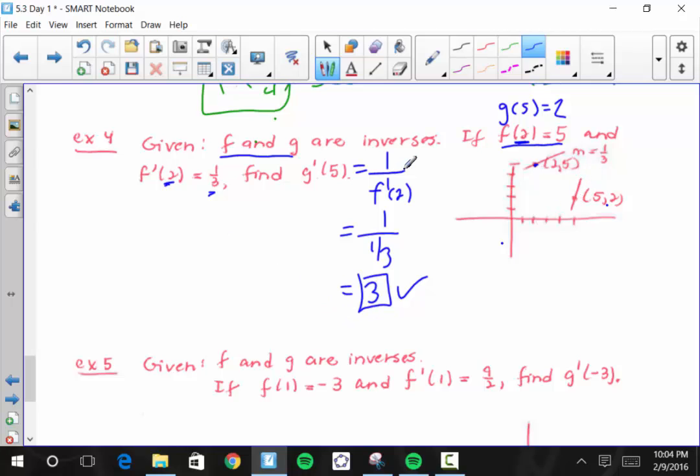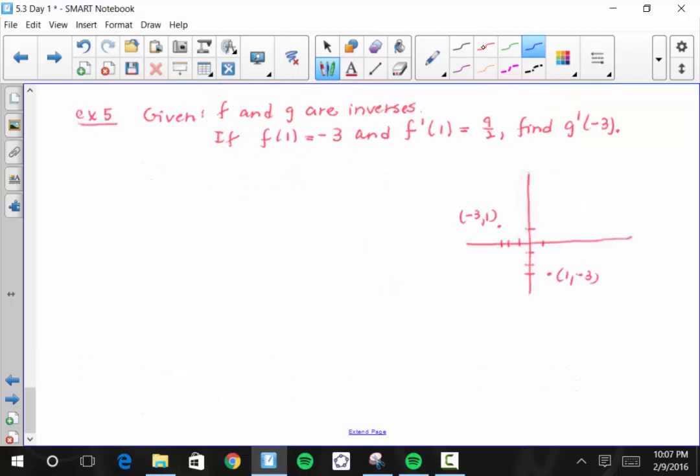So that's how you do a problem like this. First, you estimate, and you're given a derivative and a slope at a point. Usually this value correlates to this point right here, and you have to understand that because the functions are inverses, you swap the x and the y value. So that's how you do the example.